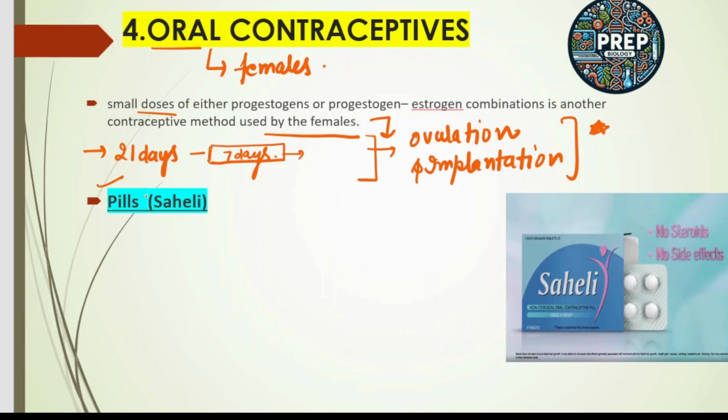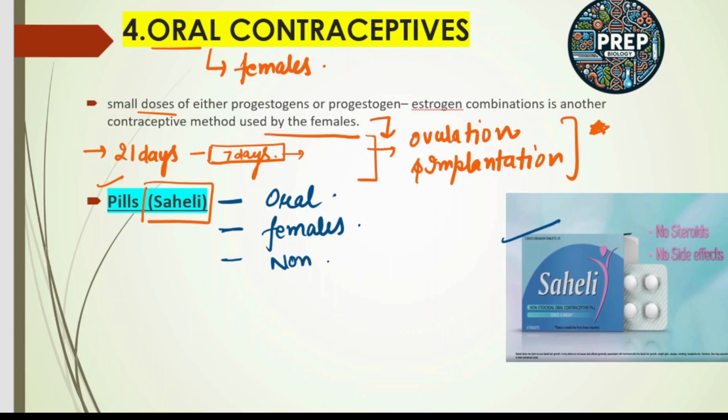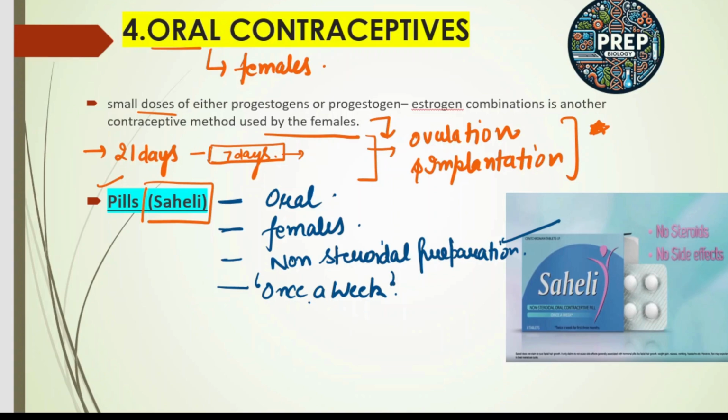The most famous pill, which is mostly used by different females, is Saheli. These are available in the markets. These are oral contraceptives, consumed by females. They contain a non-steroidal preparation, and are taken once a week, having few side effects but very effective.